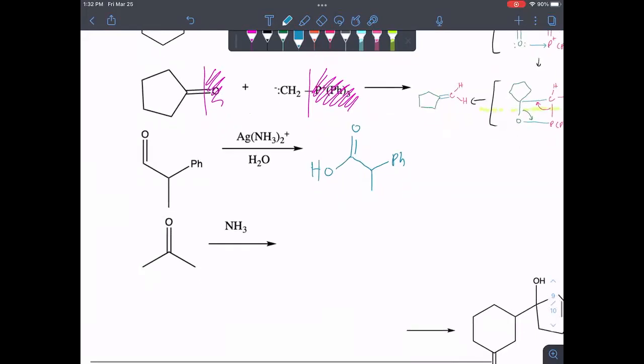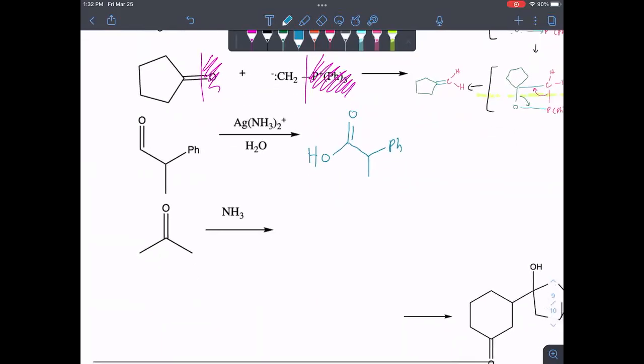So the bottom one, I don't think was ever covered, and I'm not even sure why I added it. But basically, if you have a ketone and an NH3, you just turn it into an imine. There's no R groups attached to it, so you're just replacing the oxygen with an NH group.